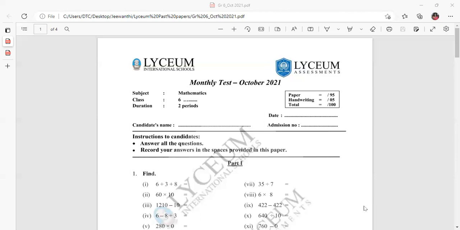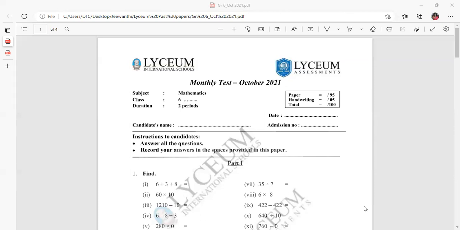Can you see a small box there? It says out of 100 marks. For the paper, you can have 95 maximum. And for your handwriting, this is not about having circular letters and all.